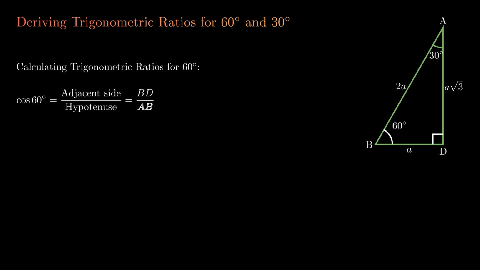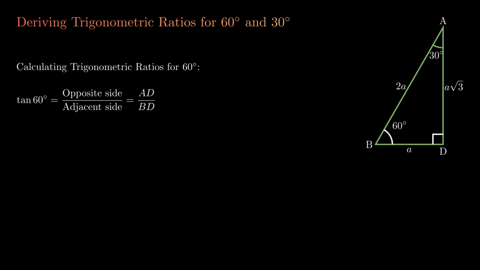Let's start for cos 60 degree. We know by definition cos of any angle is equal to adjacent side divided by hypotenuse. The adjacent side here is BD and the hypotenuse is AB, right? So A divided by 2A will get simplified into 1 divided by 2. So cos of 60 degree is equal to 1 divided by 2.